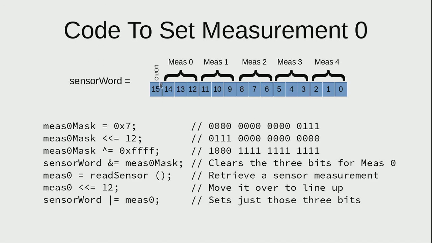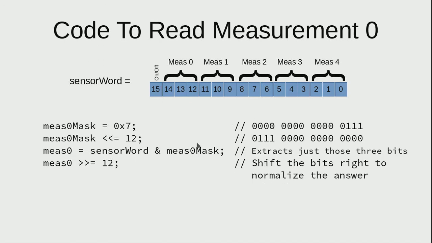Now suppose we want to read the value of measurement 0. It takes fewer steps. We still have our mask with the 3 bits that are turned on. We shift it over 12 positions so it lines up with measurement 0.